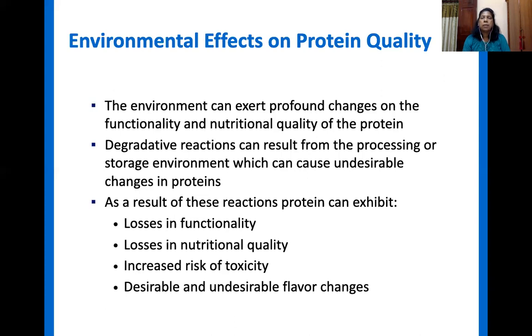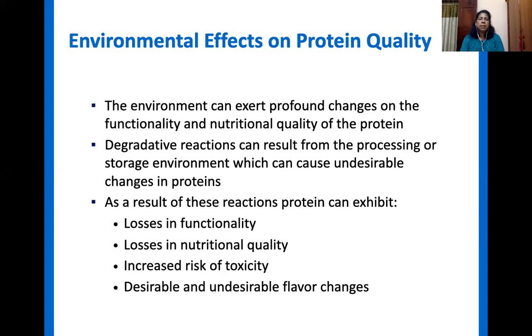So what are those undesirable changes? The degradative reactions, not the normal denaturation reaction.